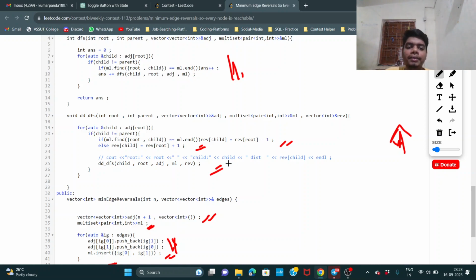And if you found this thing a little bit difficult, then I would like to suggest you solve one or two problems on rerouting of tree, the dp on tree concept. People are saying dp, but it's not like dp or something.